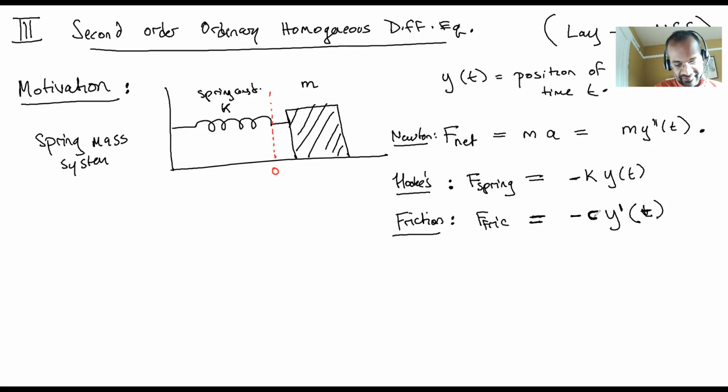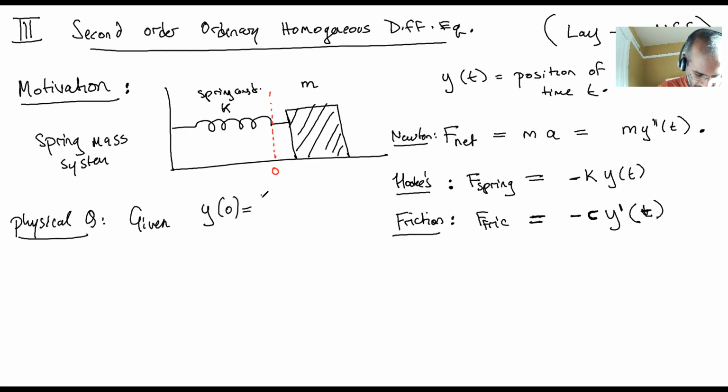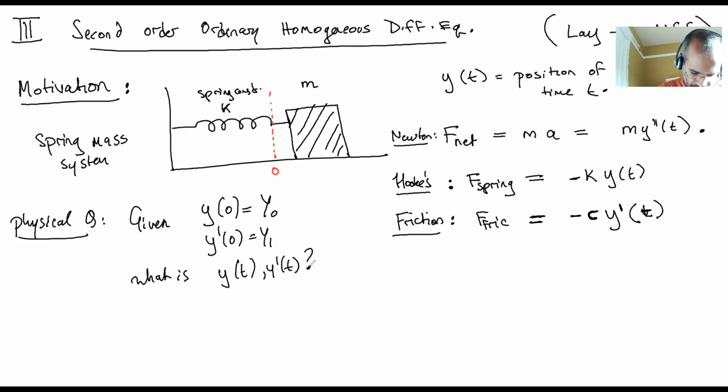These are the laws of classical physics that govern the motion of this block. And in physics, what's the physical question? Given that you know the position and velocity at time 0, what is the position and velocity at time t? These numbers are the position and velocity.